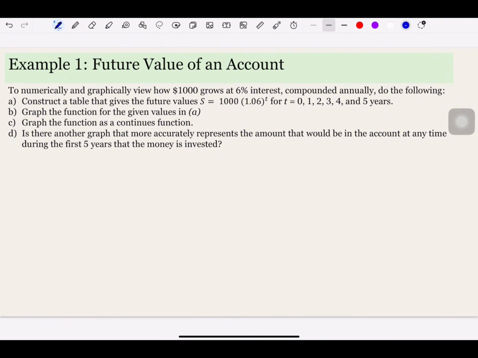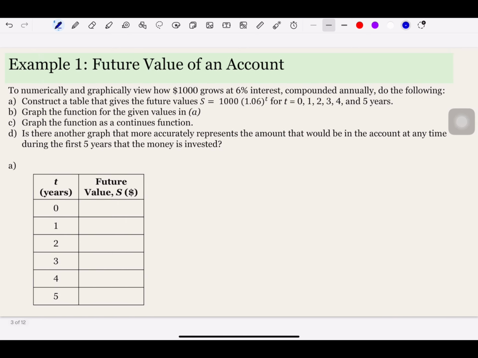Let me write the formula first: S equals 1,000 multiplied by 1.06 to the power t. Here I'm calculating the compound interest, or future value S, for each time from t equals 0 to 5.